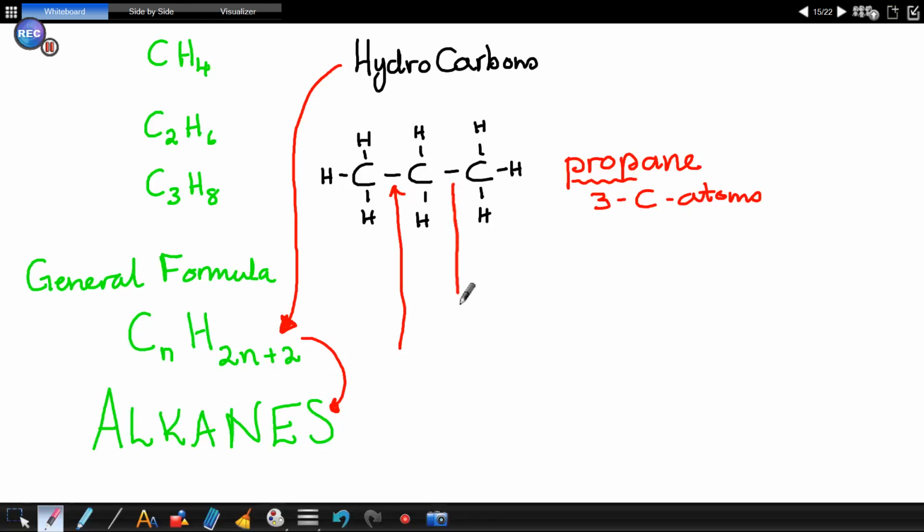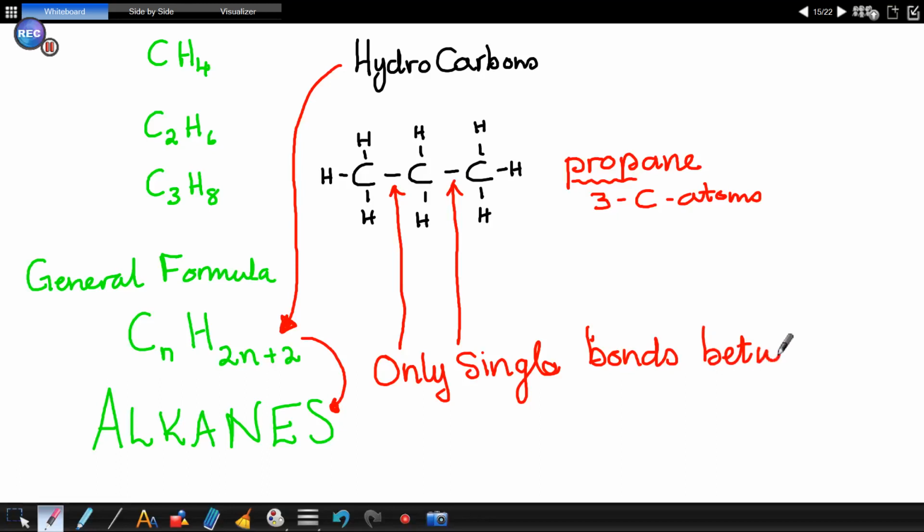Only single bonds between carbon atoms. So it's called a saturated hydrocarbon.